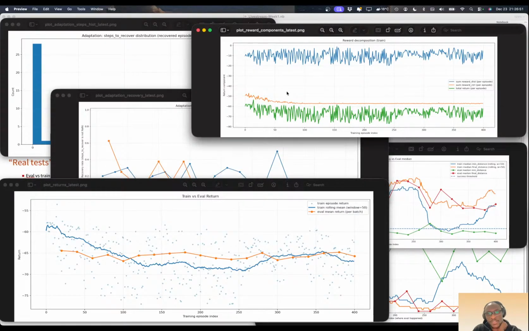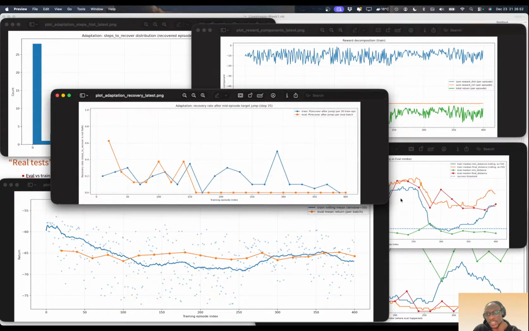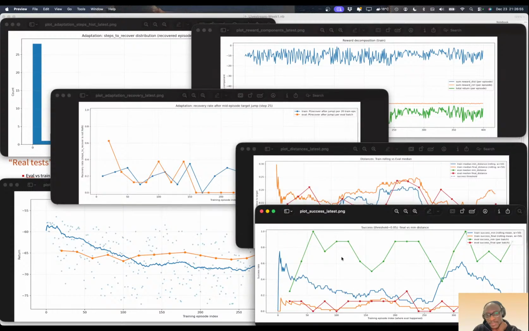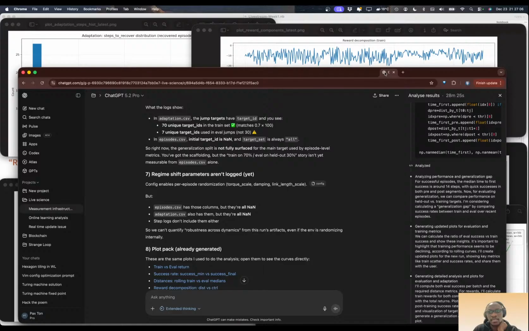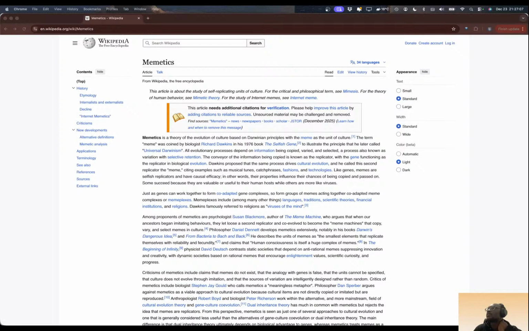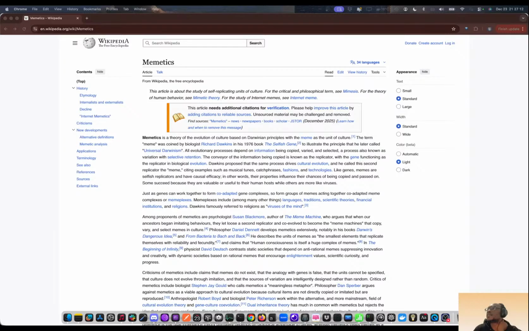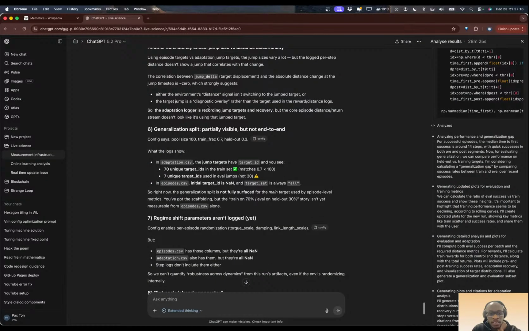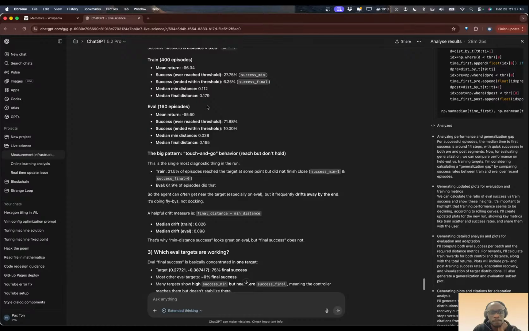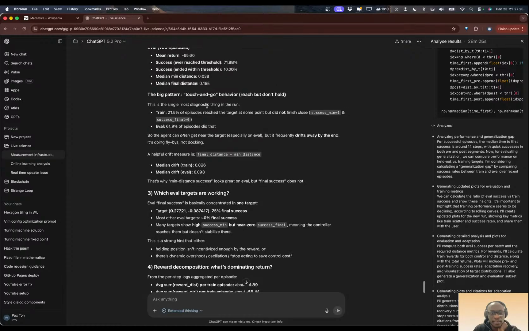Okay. So these images are generated by GPT. So let me just open this and put it somewhere so that we can see what I'm talking about, like how it generated this. So I gave it the data, and told it to do some analysis.